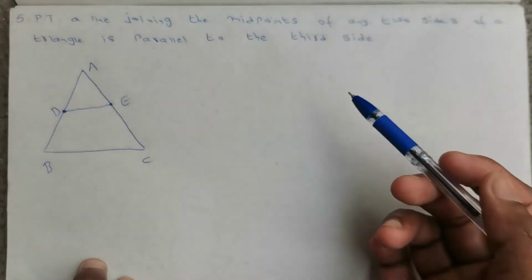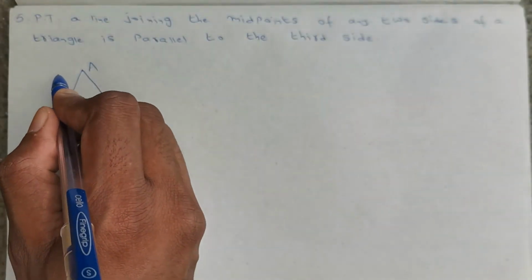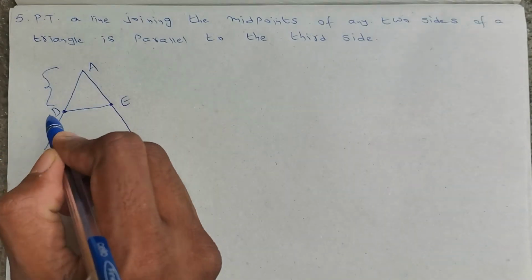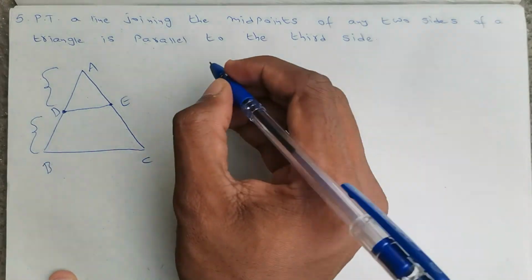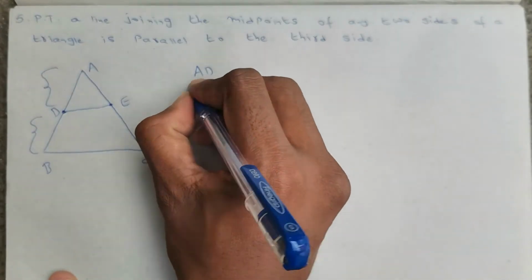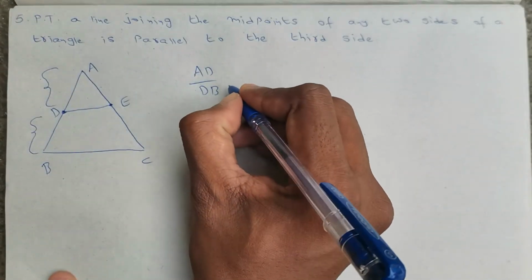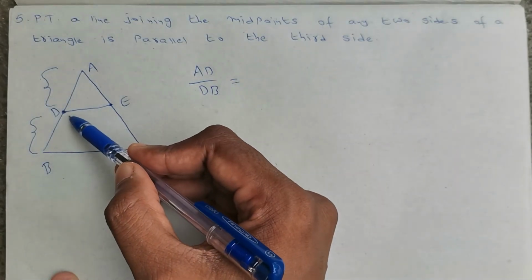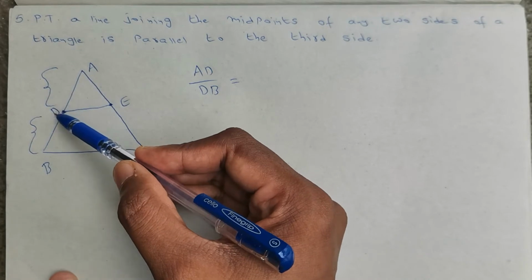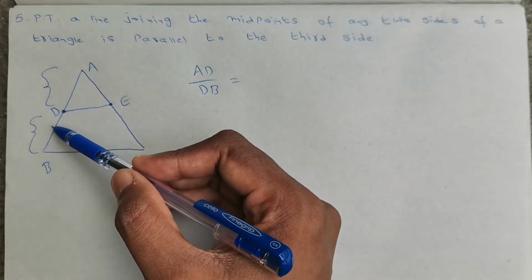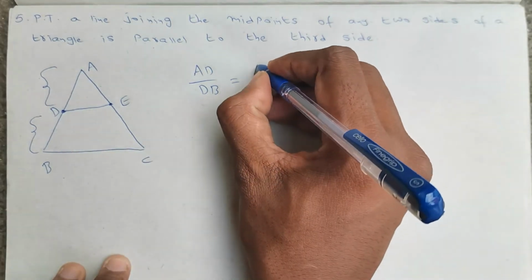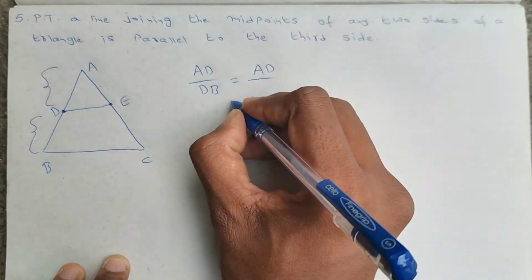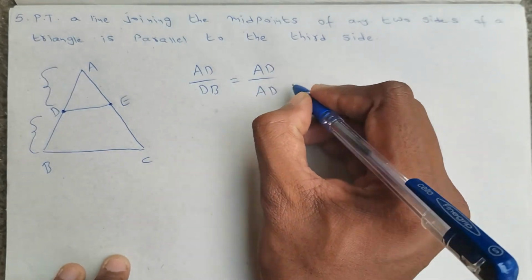Now, if we observe, left side I am taking upper part divided by lower part. AD divided by DB. He said very clearly that D is the midpoint, so it means AD measurement is exactly equals to the DB measurement. So in the place of AD I am writing AD divided by, in the place of DB also I am writing AD.